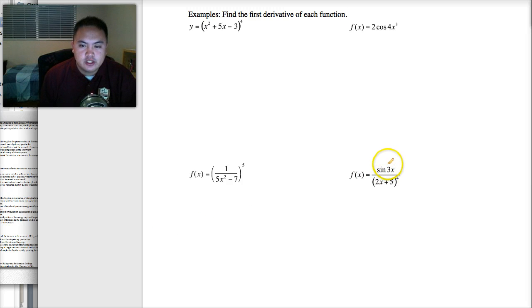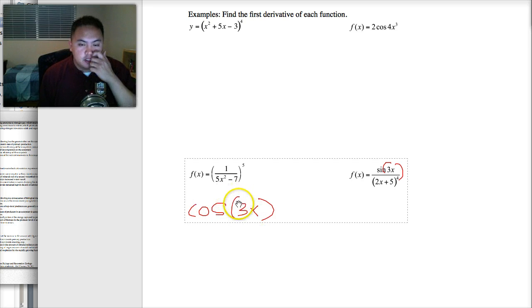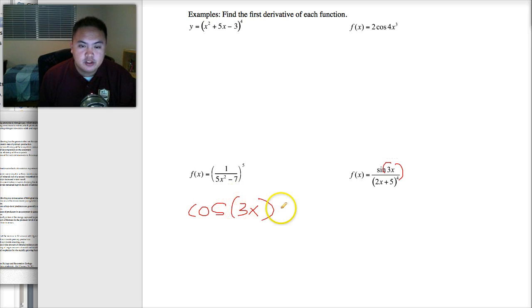Remember with these sine and cosines, there are these invisible parentheses. So this is technically sine of 3x. I'll take the derivative of the outside, which is cosine 3x, times the derivative of the inside. And you may notice that the derivative of the inside is just 3. Because 3 is a coefficient, I'm going to leave it out in front right here.